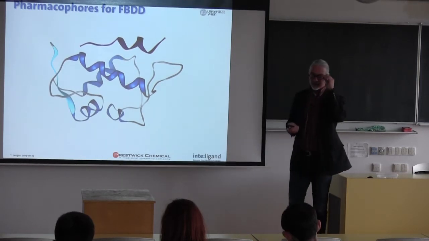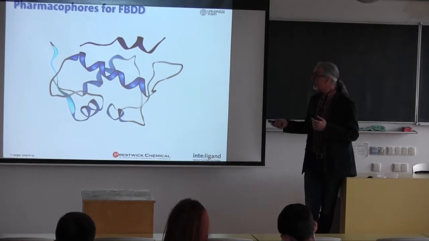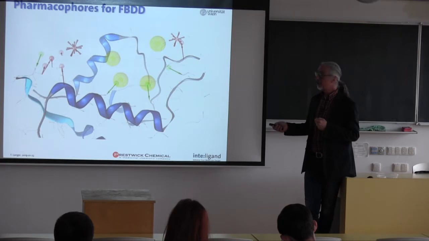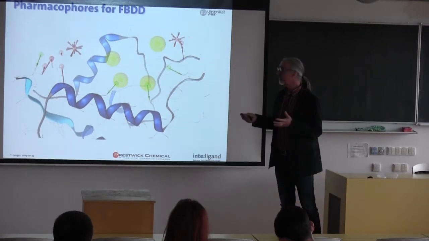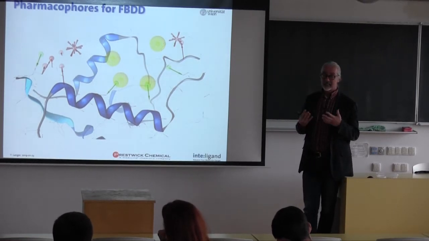And we had one of our customers had a pretty difficult target. This is the protein. And actually, there was a public structure of this protein with a peptide. It's a protein-peptide interface, basically. And they wanted to find compounds against this target.